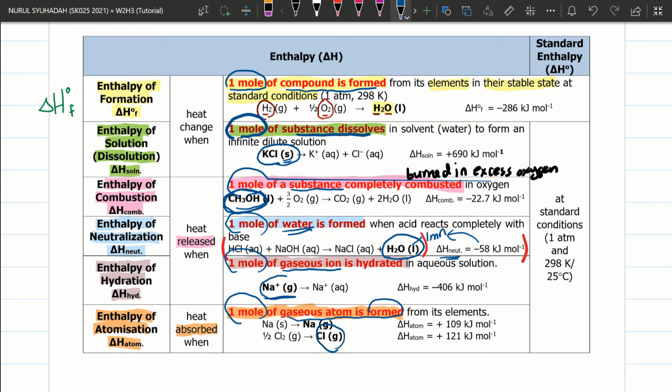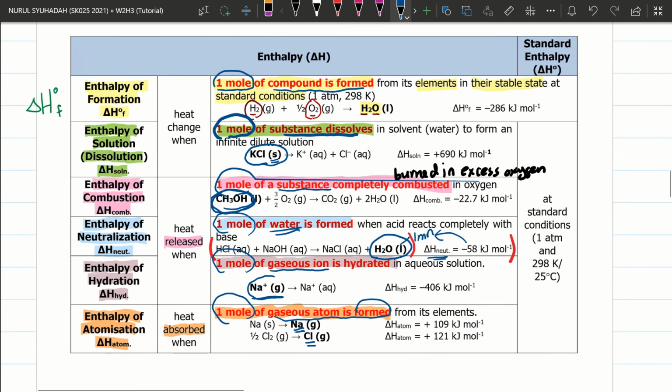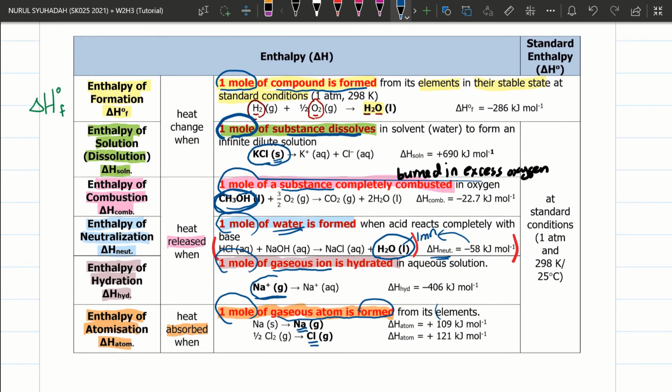We need to focus on the formation of 1 mole of gaseous atom, and it must be formed from its element, and this element must be the most stable form.